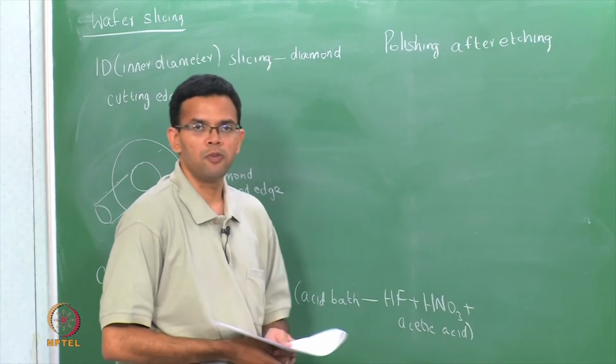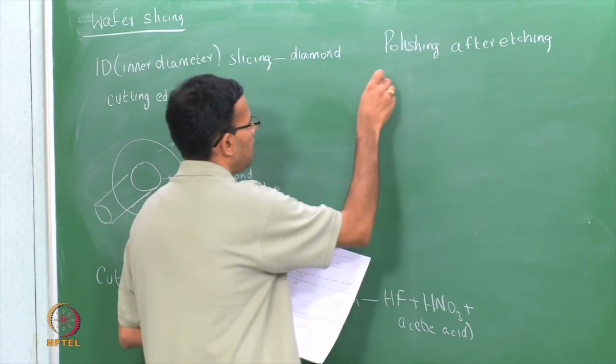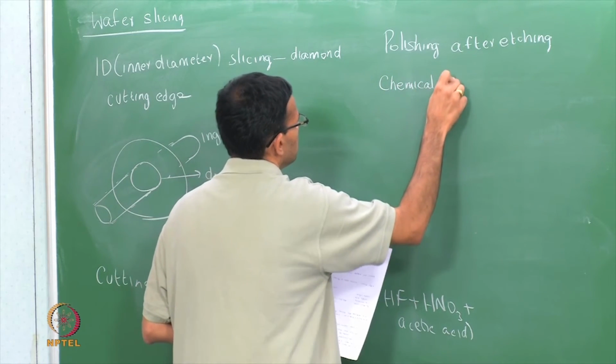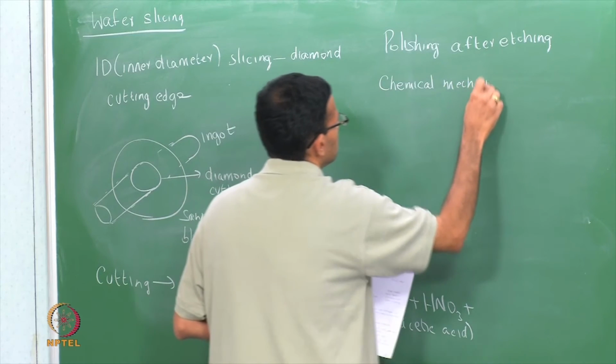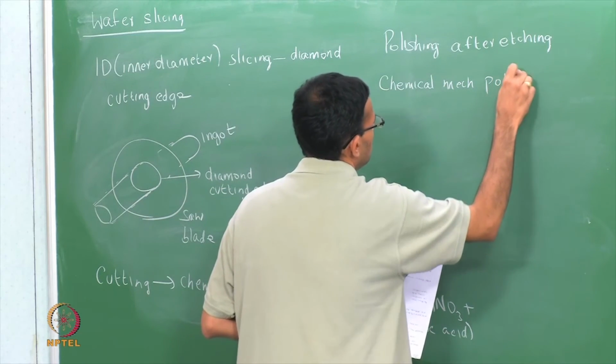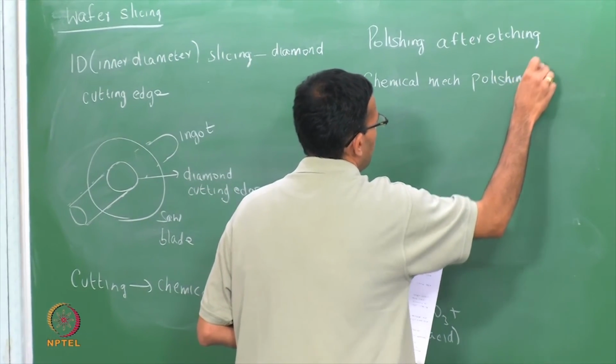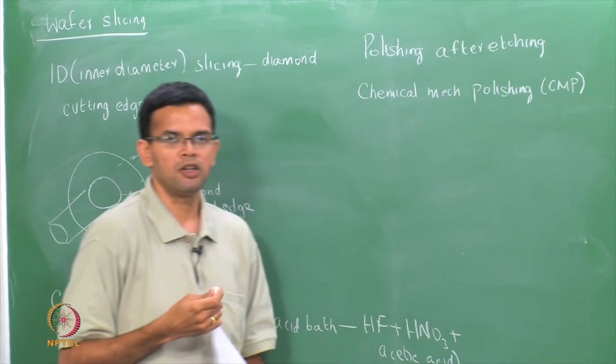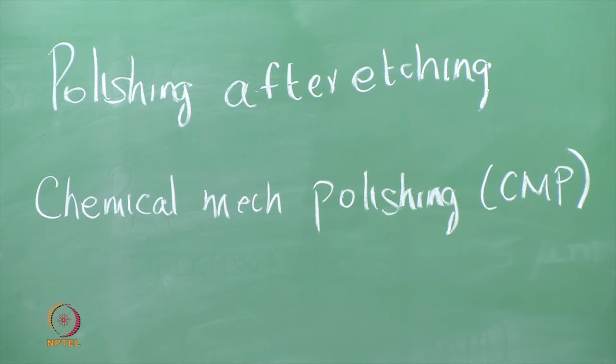This kind of polishing is called chemical mechanical polishing or CMP. Later when we look at wafer fabrication, we will see that CMP is one of the important steps, and forms a part of an operation called planarization.